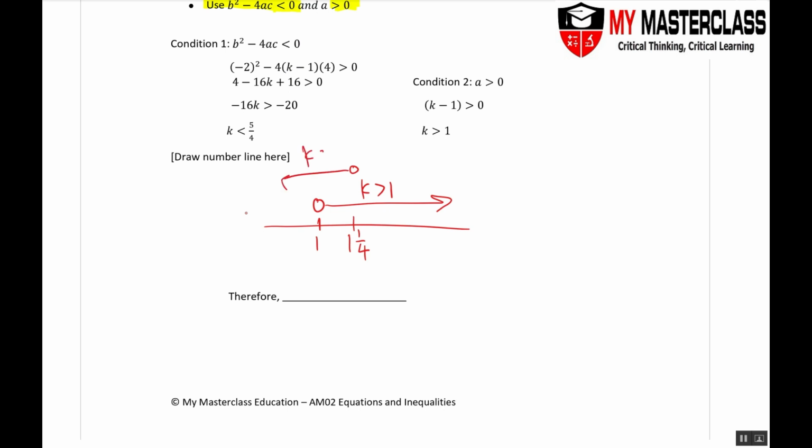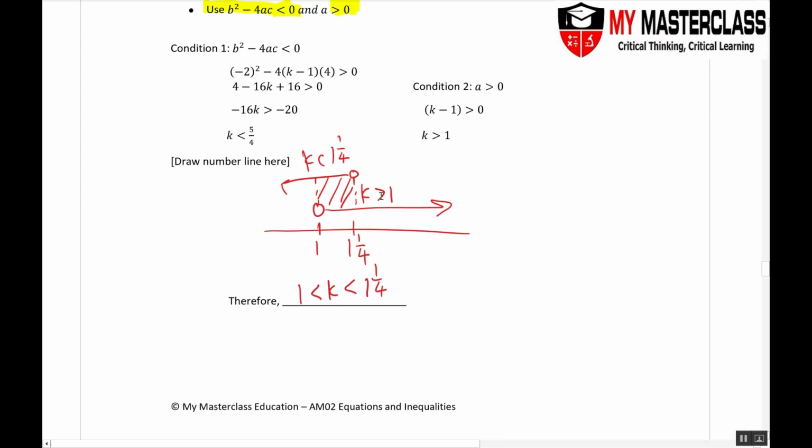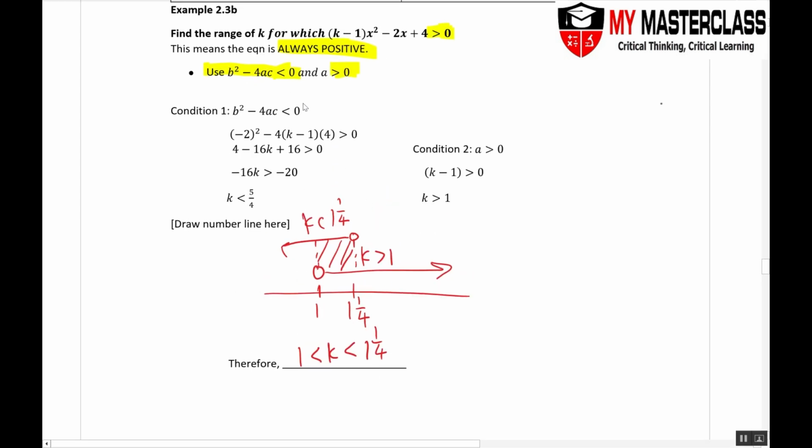The region that satisfies both of these inequalities is this region here that I've shaded, which means your k has to be more than 1 but less than 5 over 4. So always apply these two conditions when you have such a scenario.